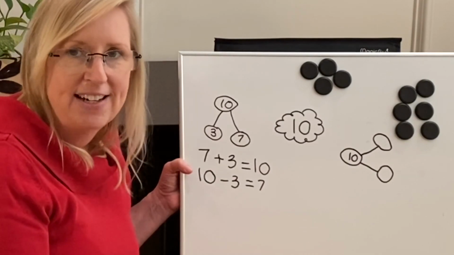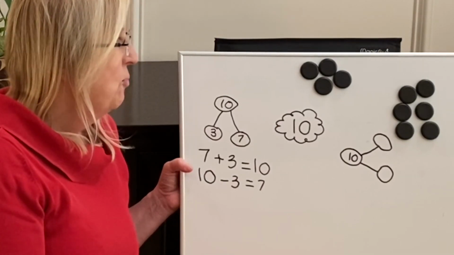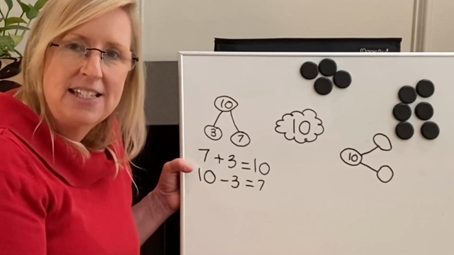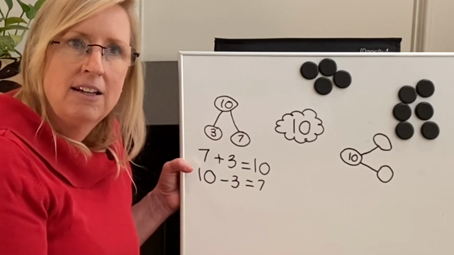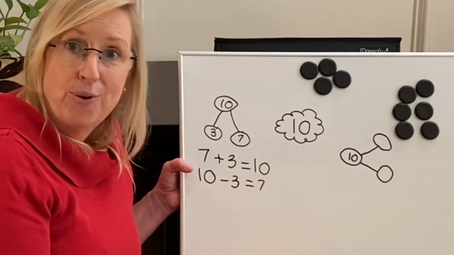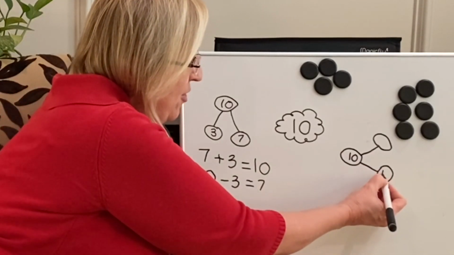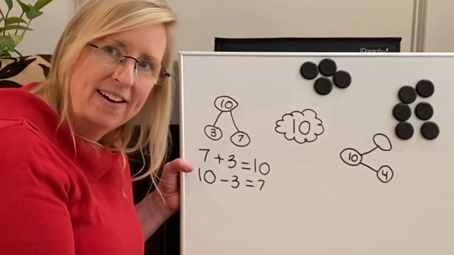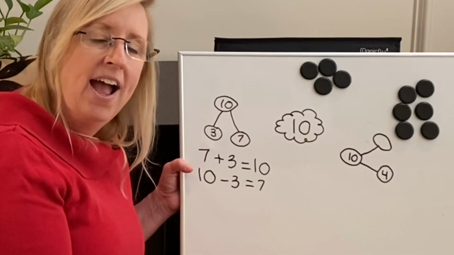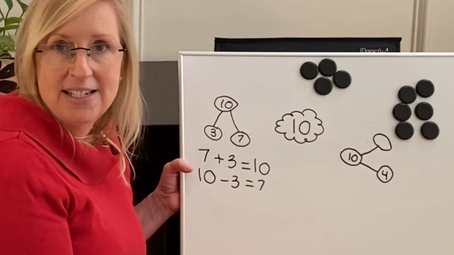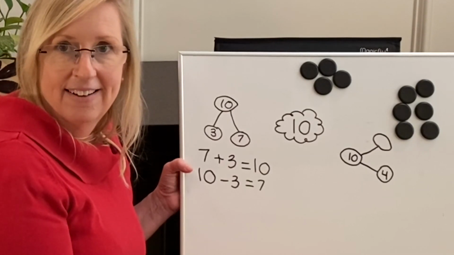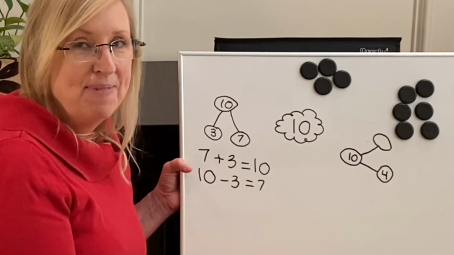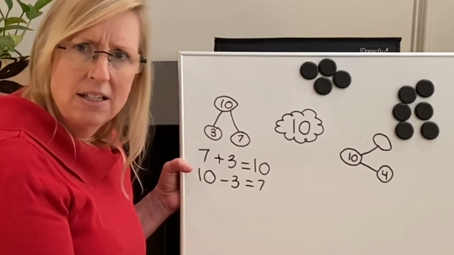I hope you have that too. So what are the parts for this 10? 4, you say? 4 is one of my parts. What's the other one? When you have 4, how many more makes the 10? I bet you're looking at my other magnets.